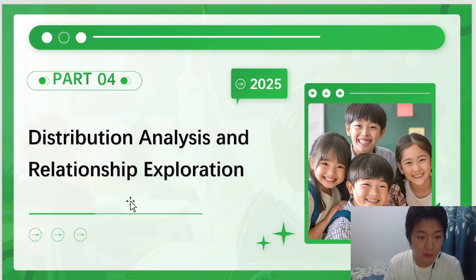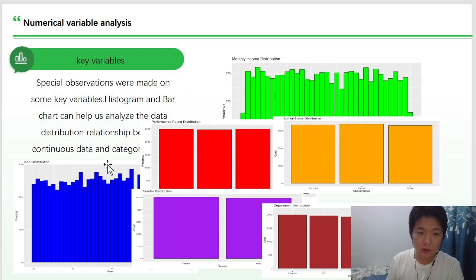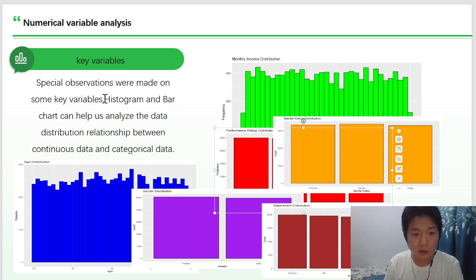Then is the distribution analysis and the relationship exploration. It's important. We must make special observations on some key variables. We use two types of charts, and there are some examples.